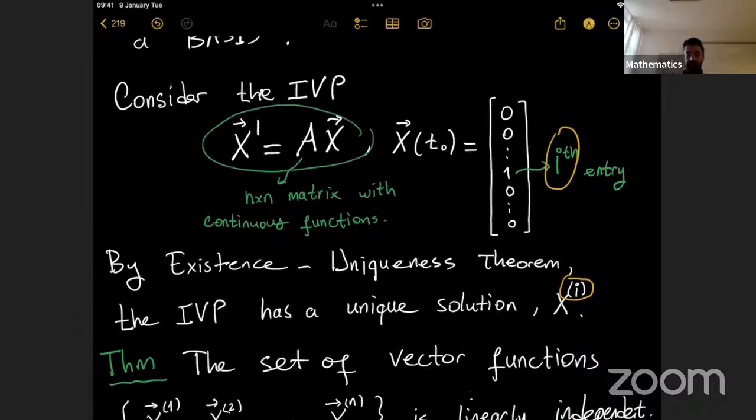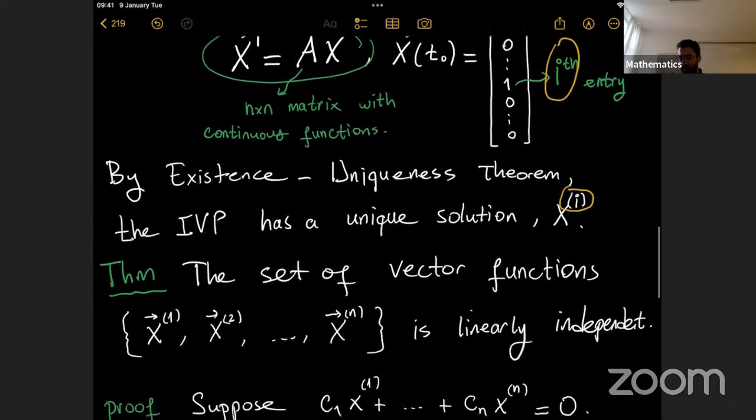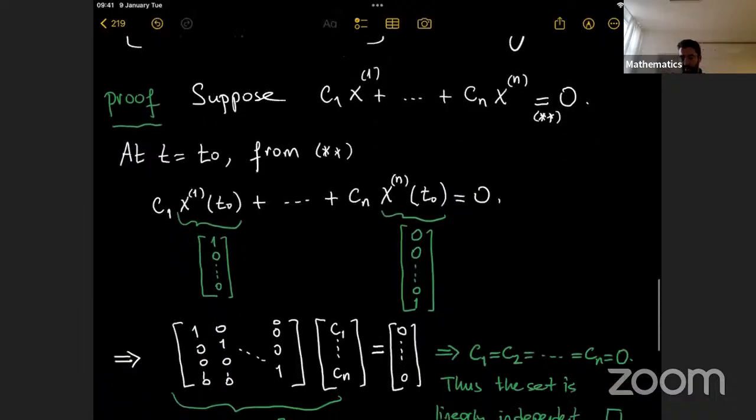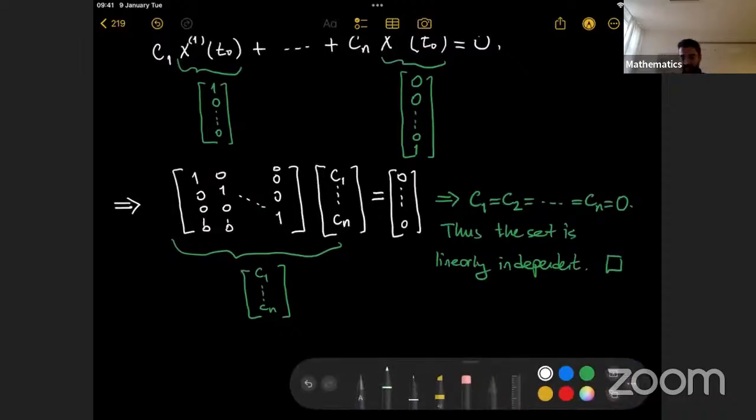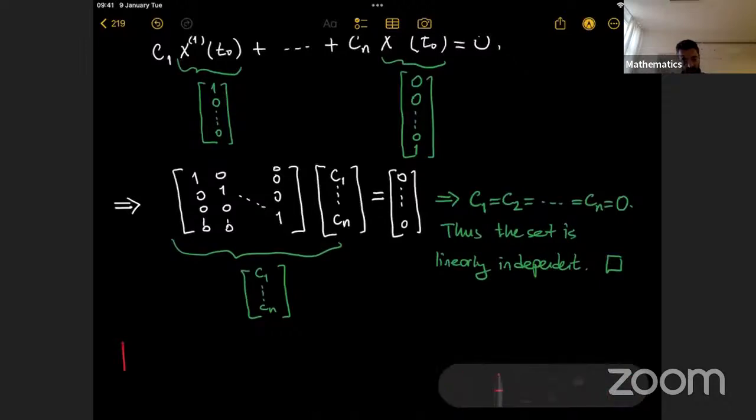Forget about the initial value. We have n solutions, and we claim that these form a basis for this system. That means you can write any other solution in terms of these solutions. So let's write this as a theorem.